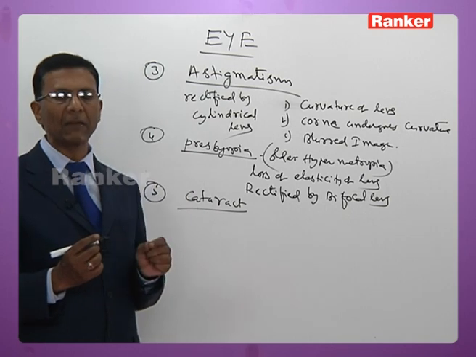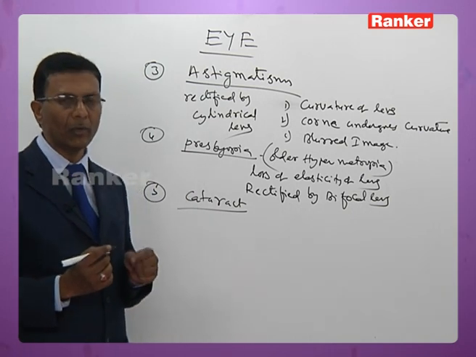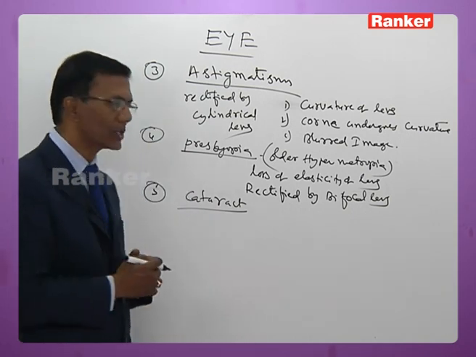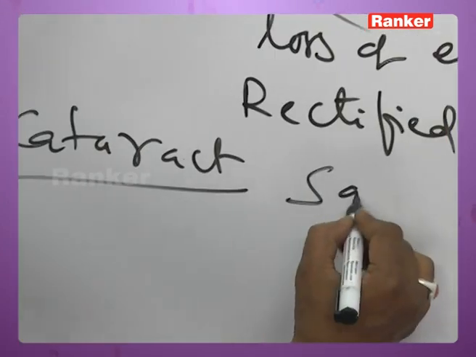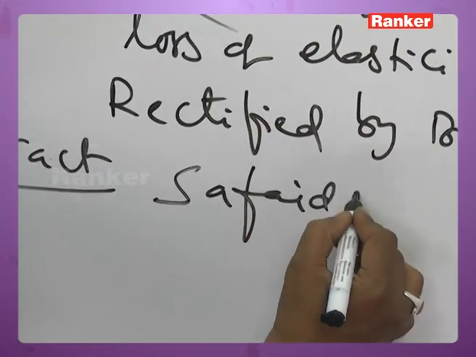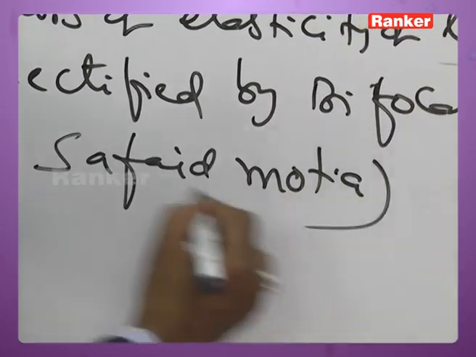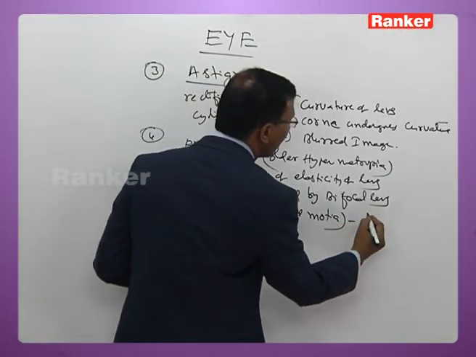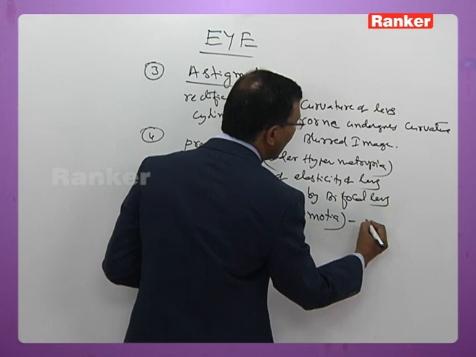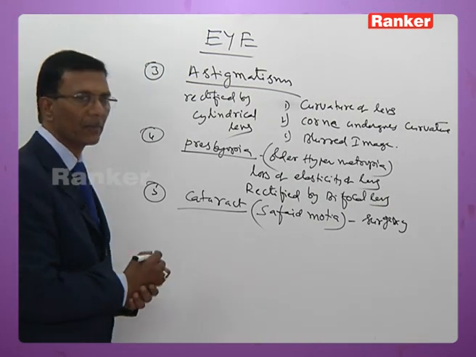The lens gets infected, as a result it appears whitish. The entire iris part appears whitish. It is also called Safed Motia, and it is rectified by surgery. The lens is replaced.